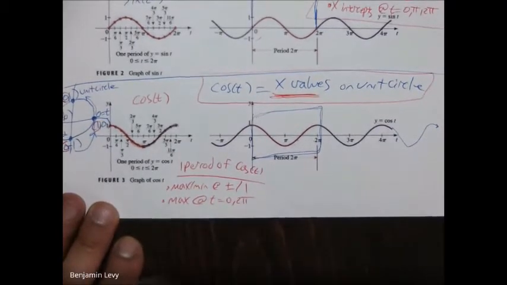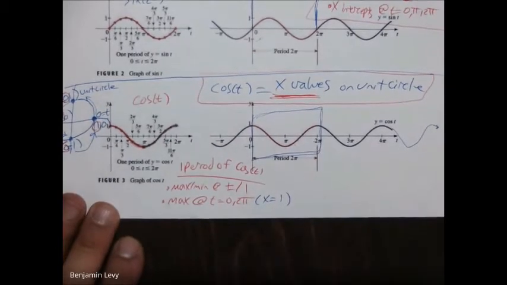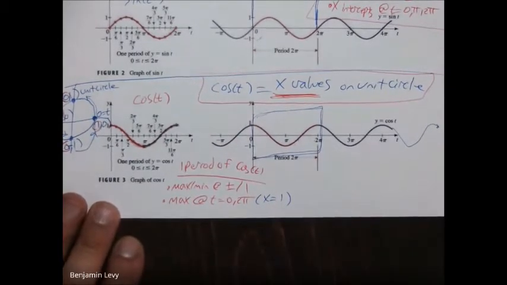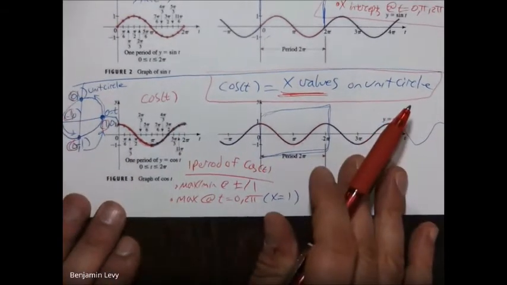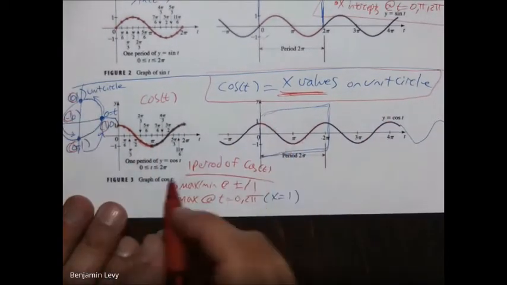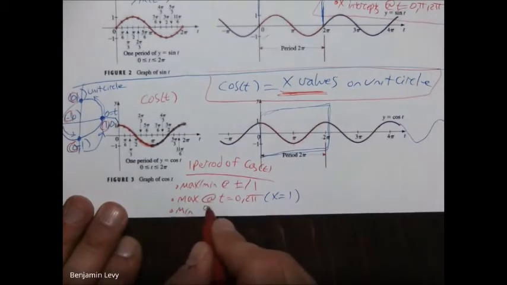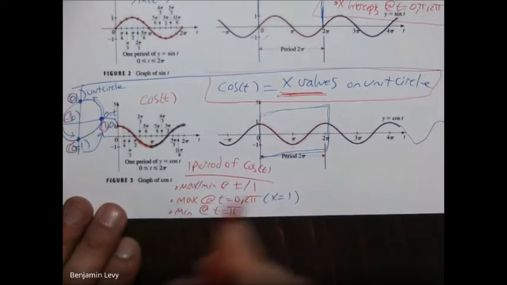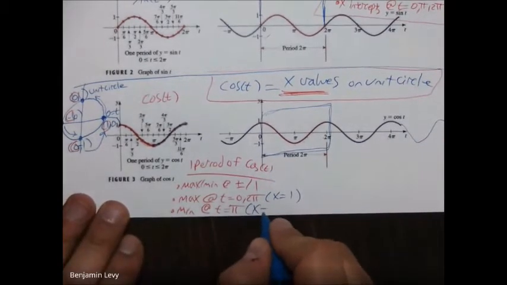And again, that's because we're tracing out the x values. And so that's where the x values were 1. If you want to know where the x values are the smallest, they're the smallest over here on the left side of the circle. So that happened halfway through at pi. So the min happened at the bottom of the bowl, right in the middle, because that's where the x value is -1.